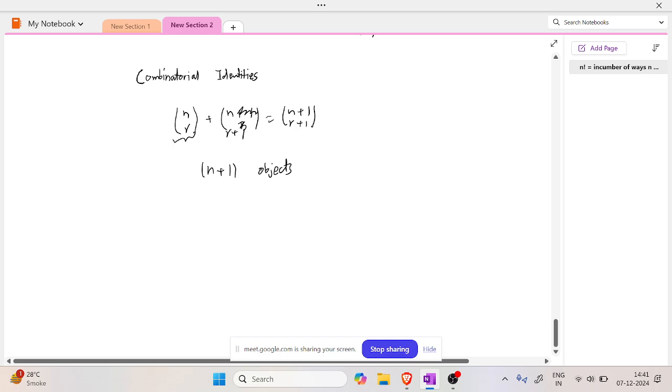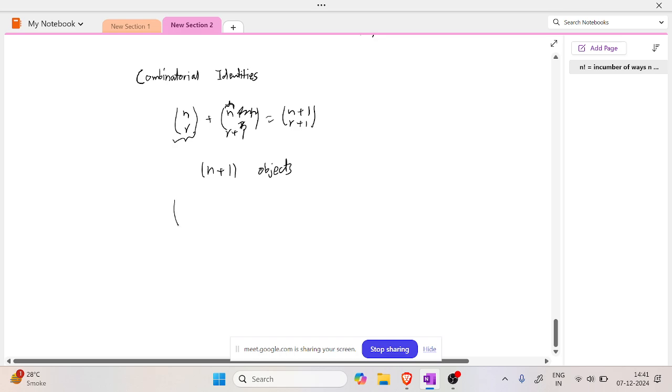Or you will not choose the last object, in which case you have a quota of R plus 1 left to choose, and you also have n elements in this case because you have decided not to choose that element. So you only have n elements for which you have a choice. So NCR plus NCR plus 1 is equal to n plus 1 CR plus 1. And of course, this can be proved algebraically as well. That just follows from the definition, which is not too hard, so you can do it yourself.